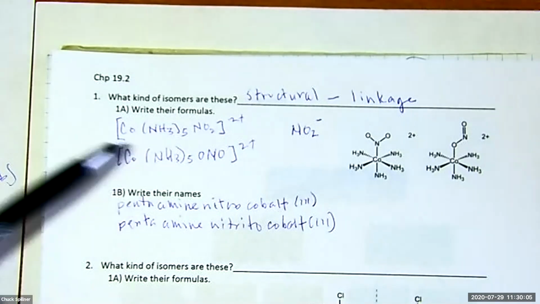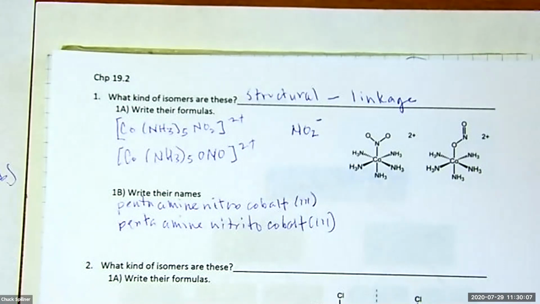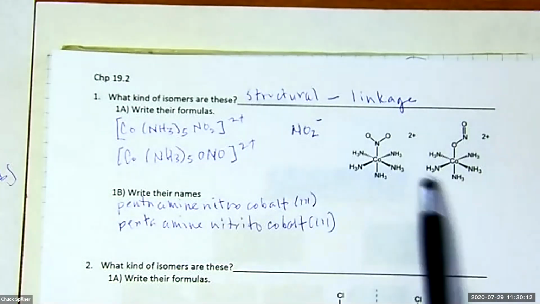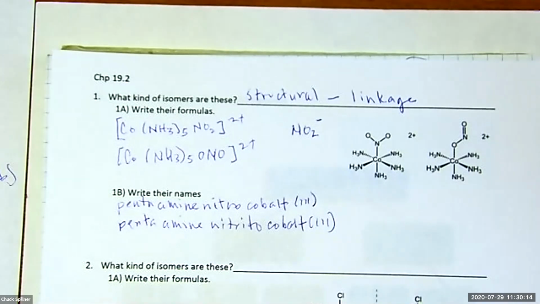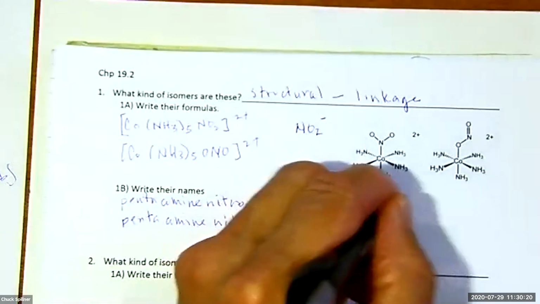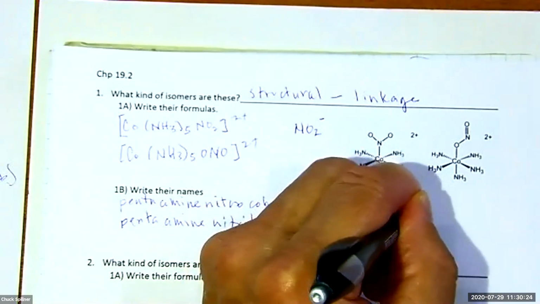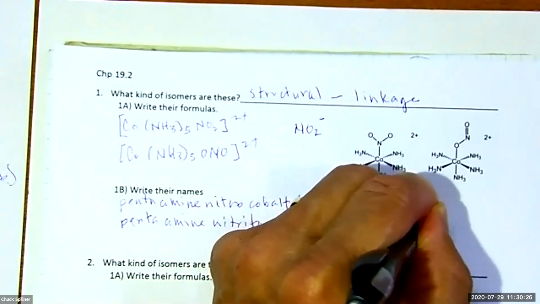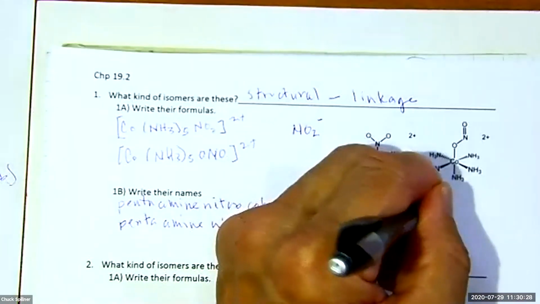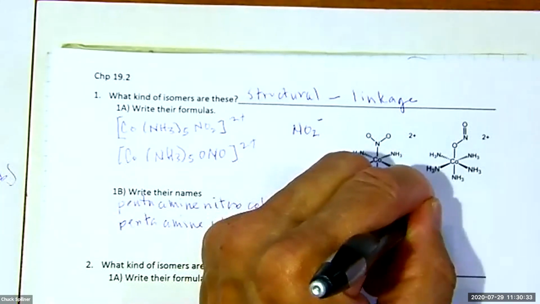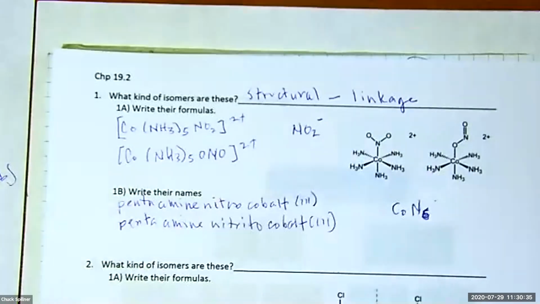The formulas are exactly the same. So the molar masses are the same, but their names are different. Their structures are different. So if you look at the structural formulas, you look at their names, you can tell that they're different. If you just look at the molecular formula, they're identical. The molecular formula, we have cobalt, we have 6 nitrogens, I'll put a 6 there.